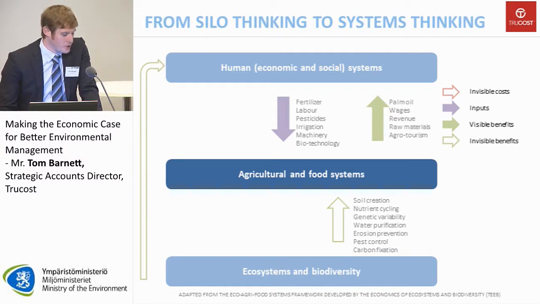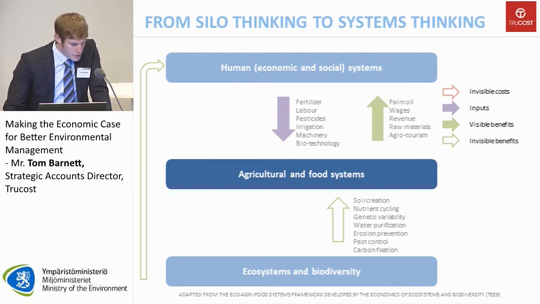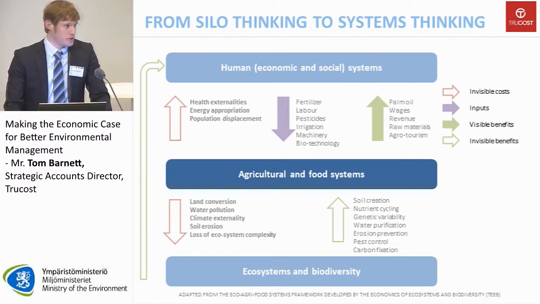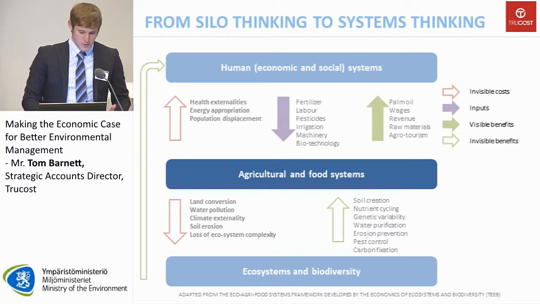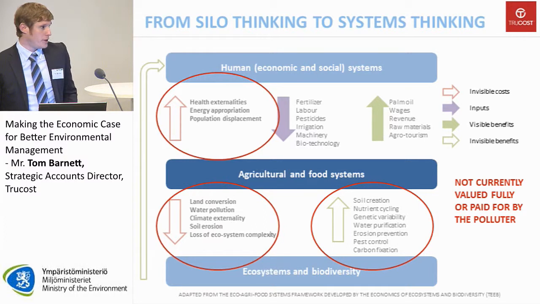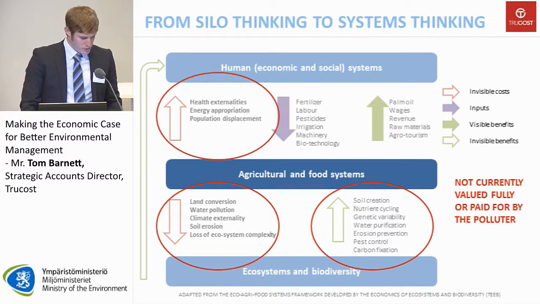Clearly, agricultural production has many benefits, including providing employment and raising living standards, but also many social and environmental impacts, as we see here, such as health problems caused by pollution and unsustainable land conversion. So these are your invisible costs, if you like. And as we know, the problem is that these are not currently fully valued, properly valued, or paid for by the polluter.